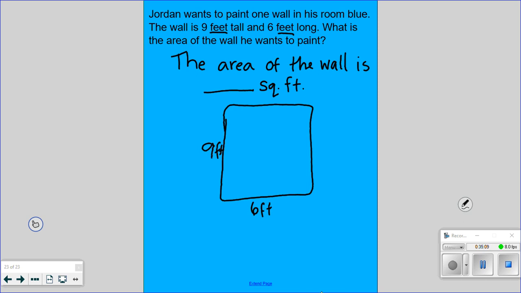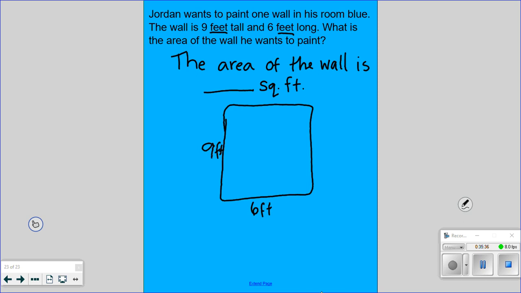I want you to imagine that there are tiles now on that wall. 9 going up and down, 6 going across. Can you see that array? Yes. Take your goggles off. We are not going to draw boxes.